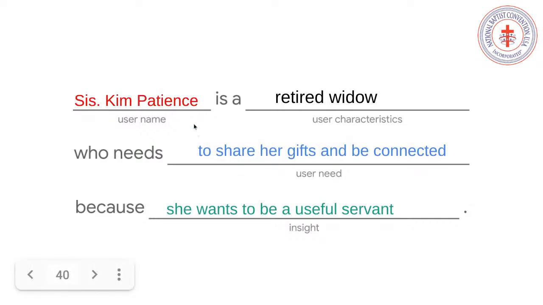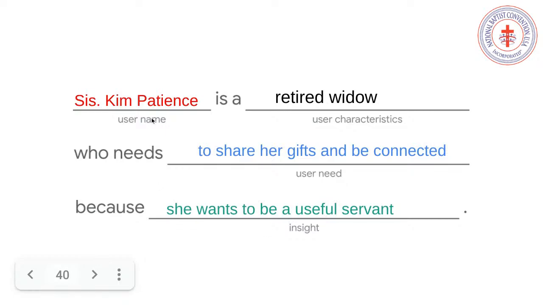Kim Patience is a retired widow, and she wants to share her gifts and be connected, because even though she's retired, she has a lot of gifts and a lot to share with people, and people can really learn, because she wants to be a useful servant.